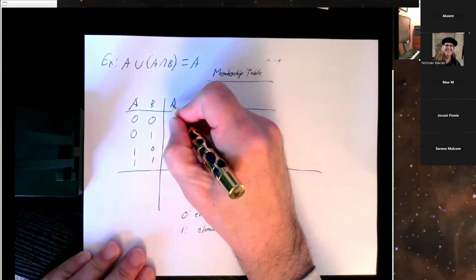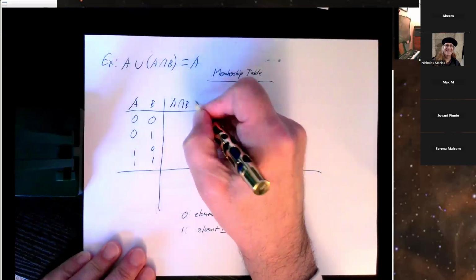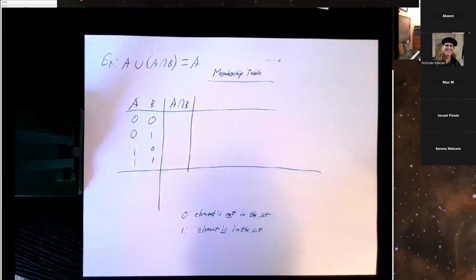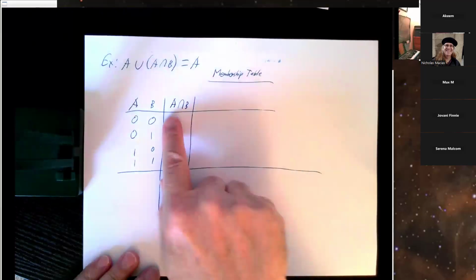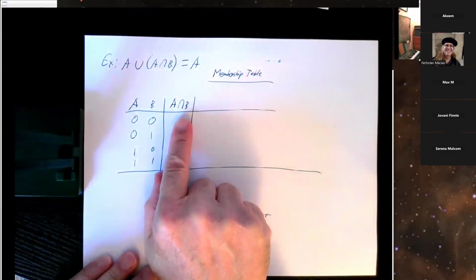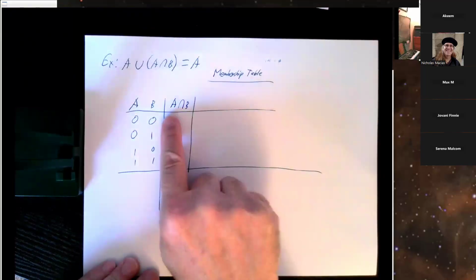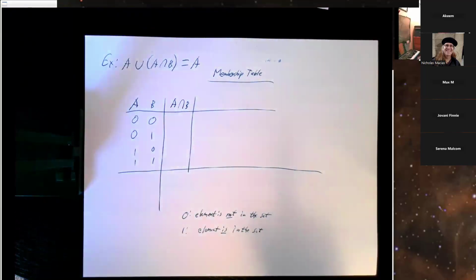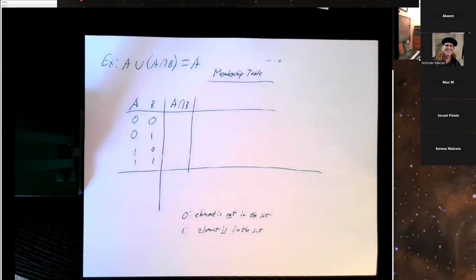Now, let me make a column for A intersect B. And for something to be in this intersection, what has to be true? What does it mean to say that an element belongs to A intersect B? Just in plain words. It means it's in both sets.